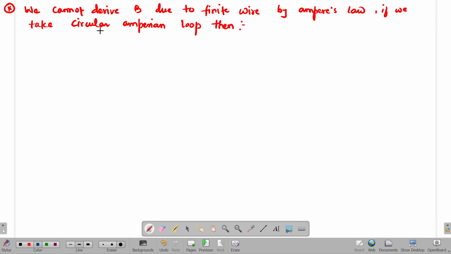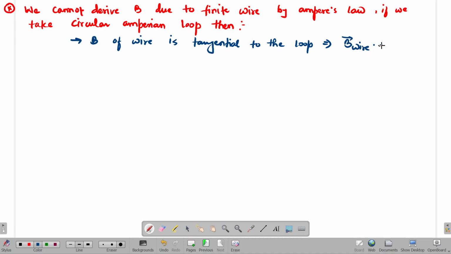If it is a finite wire and you consider the circular Amperian loop, we know that the magnetic field is tangential to the loop. So B of wire is tangential to the loop, and this will be written as B due to wire dot dl vector, which is simply B due to wire times dl, isn't it?